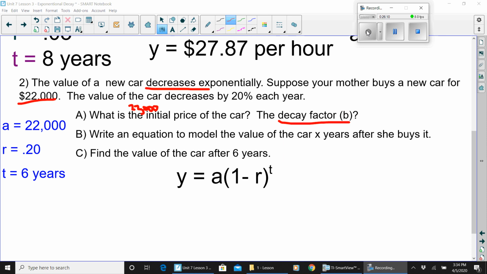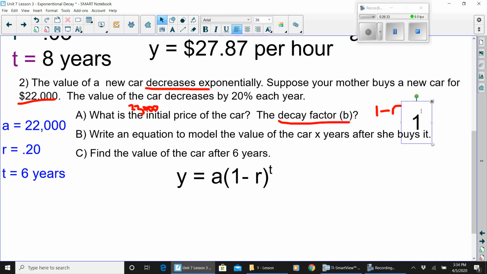That's the B. So do you know that the decay factor has to be 1 minus the rate? That is what I was talking about before, right? So remember, you're talking about 1 minus the rate. So we're going to do 1 minus 0.20 to get the decay factor.